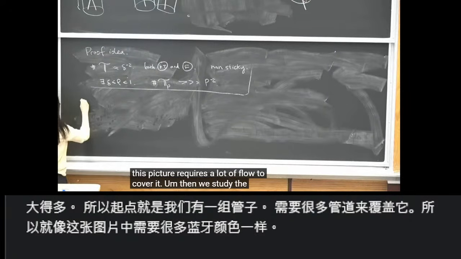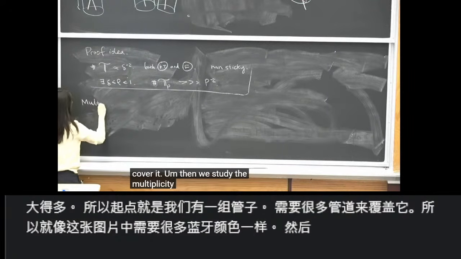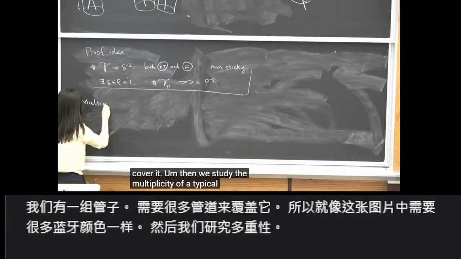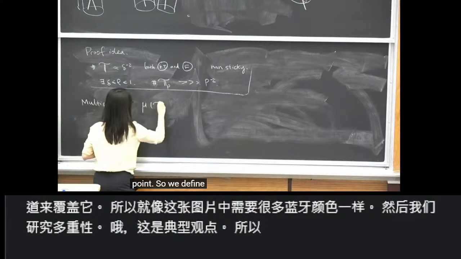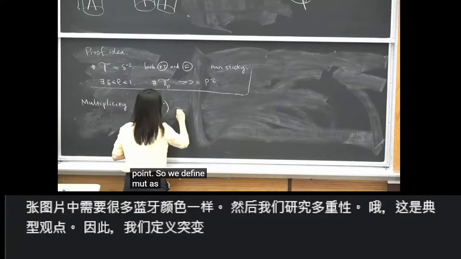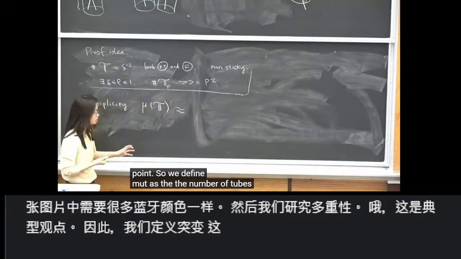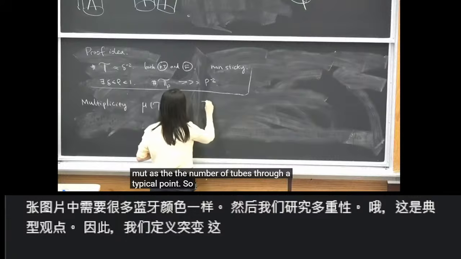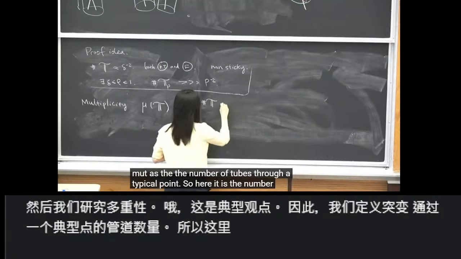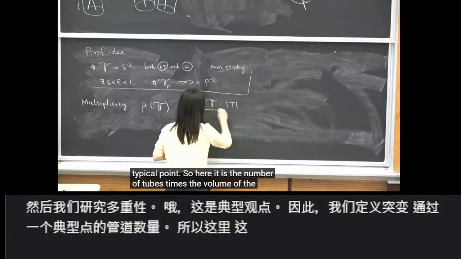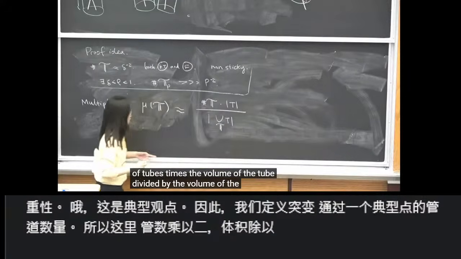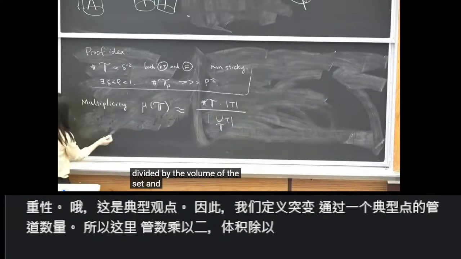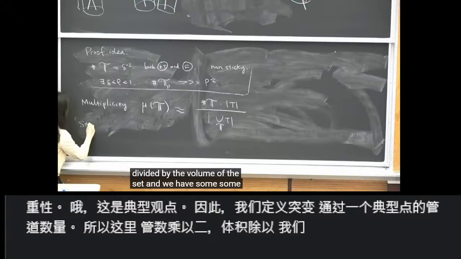Then we study the multiplicity of a typical point. So we define mu T as the number of tubes through a typical point. So here it is the number of tubes times the volume of a tube divided by the volume of the set. And we have some strategy.